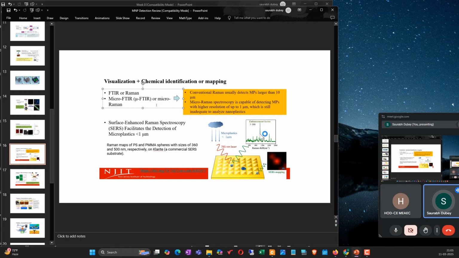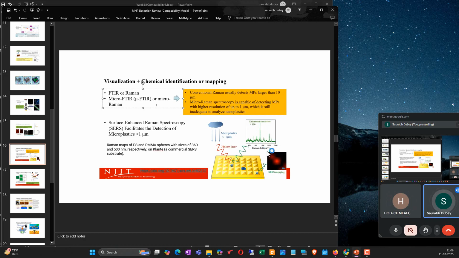That peak will be enhanced by a factor of 100 or more. This is called surface enhanced Raman scattering because the surface, which is gold, silver or platinum, helps you enhance the signal of a particular component, which is the plastic.